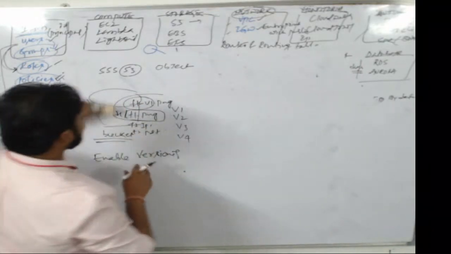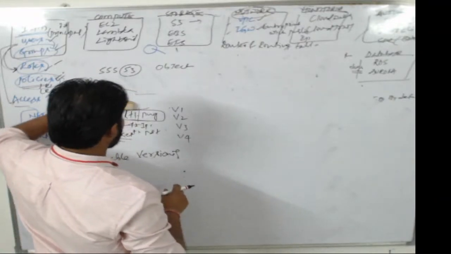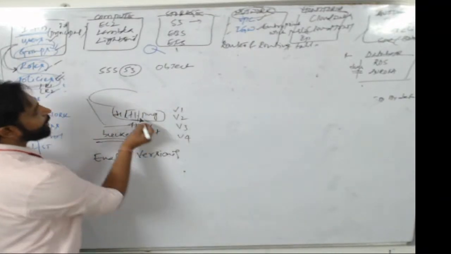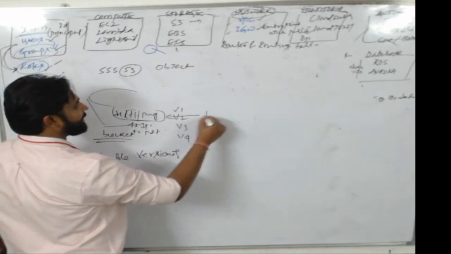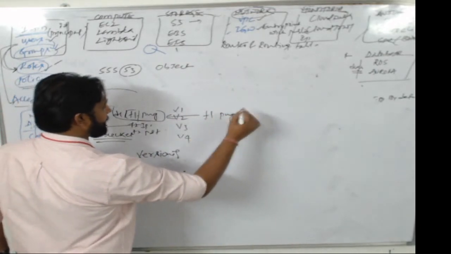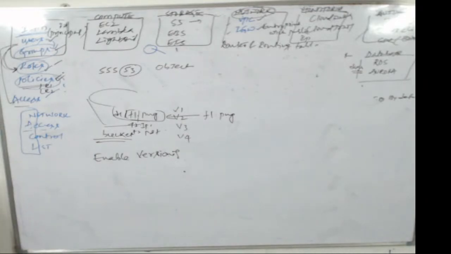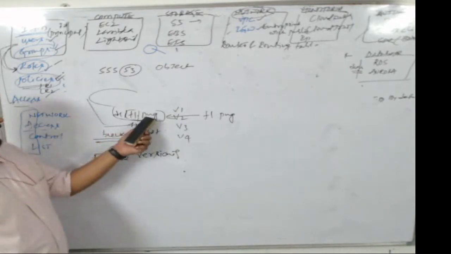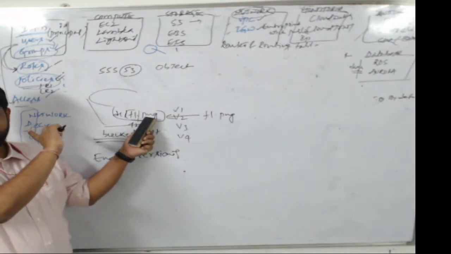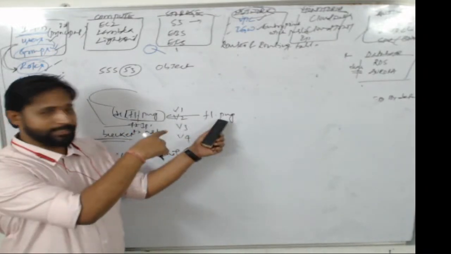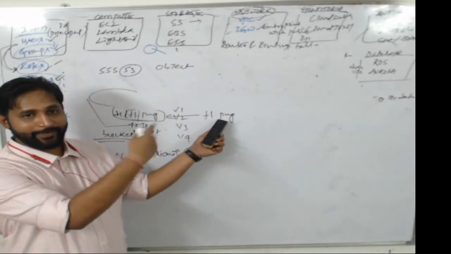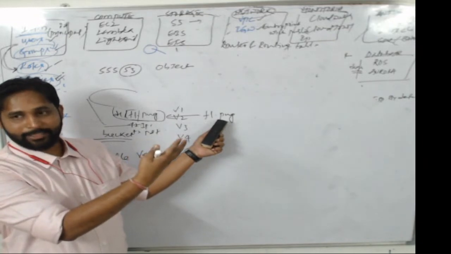If you want to enable versioning, or if you want AWS to track it, you have to upload it with the same name. Then it will realize, okay, it was uploaded yesterday, and now you are uploading it with a different size and different other parameters.